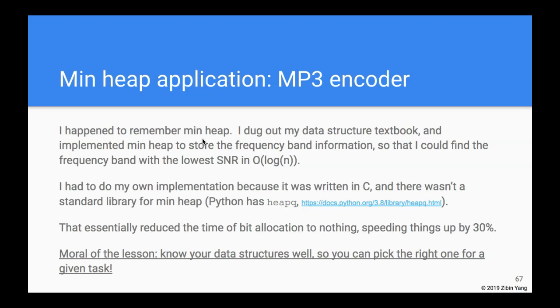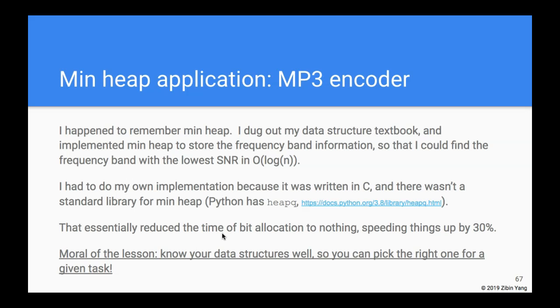Once I implemented the min heap for the bit allocation, this reduced the time it takes to almost nothing. So effectively, it reduced the overall encoding time by 30%. For the effort, I think it took me probably half a day back then to implement and debug it.